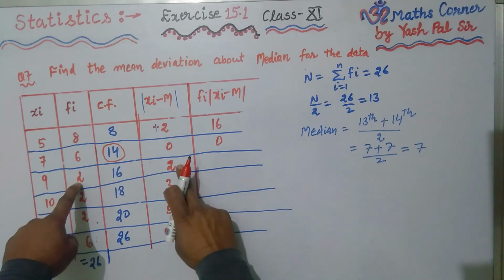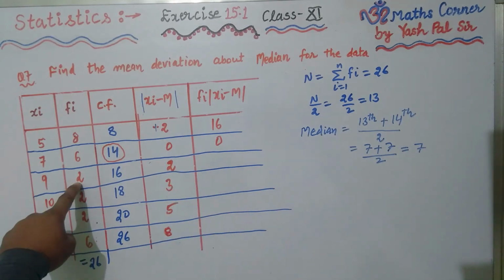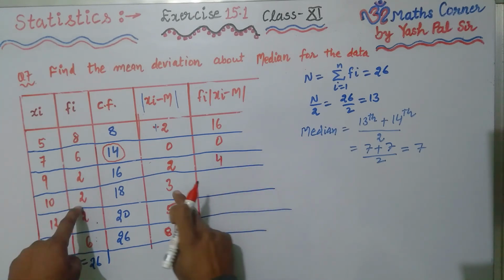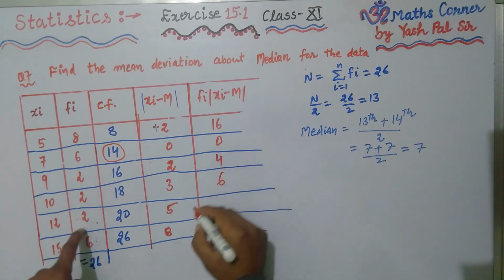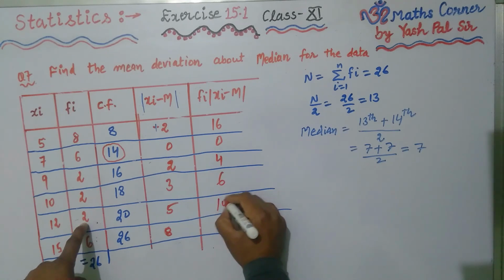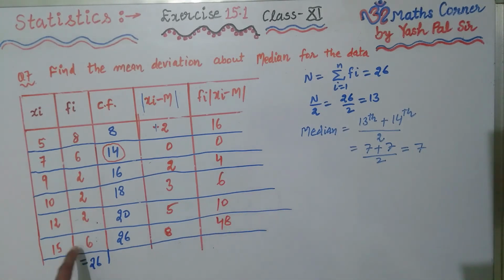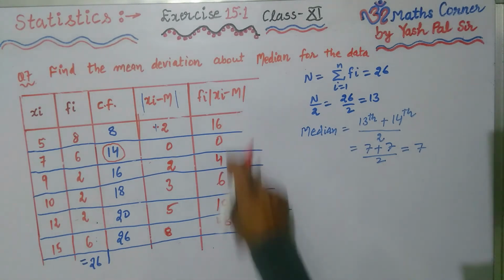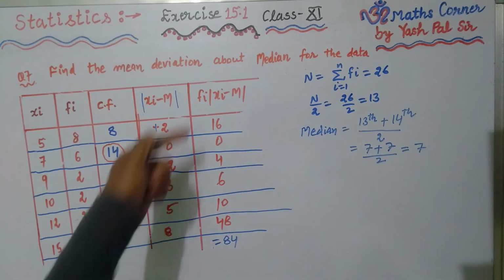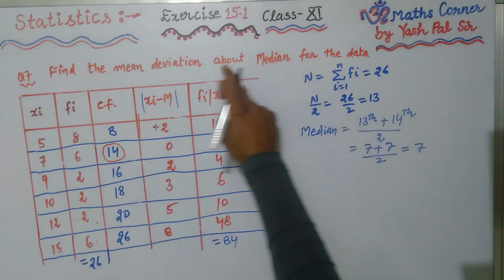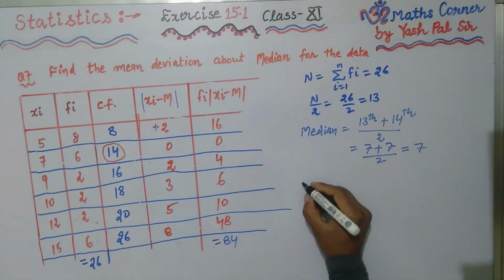Okay, next is 2 into 2 is 4, 2 into 3 is 6, 2 into 5 is 10, 6 into 8 is 48. Okay, now we find the sum of all these terms. The sum is 84.